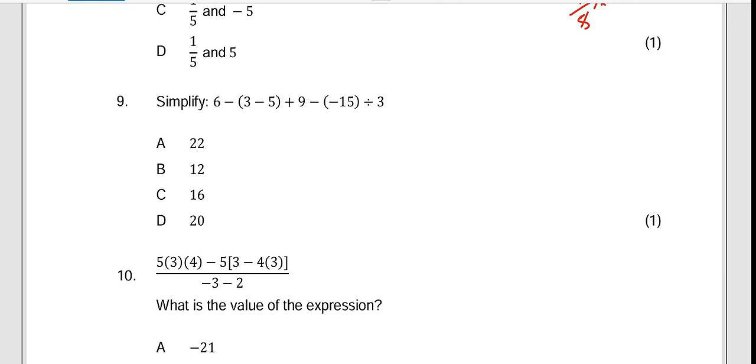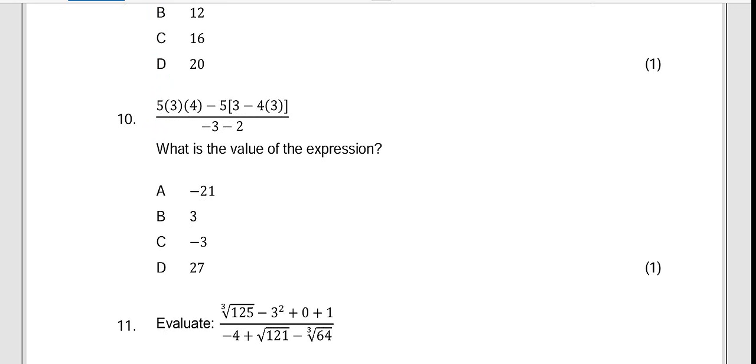The answer is A, 22. We can work it out. You say 3 minus 5 first, and then you multiply with this negative, and then you add 9. Negative times negative is positive, and then you divide by 3. The answer gives you 22. Or you can simply use your calculator.